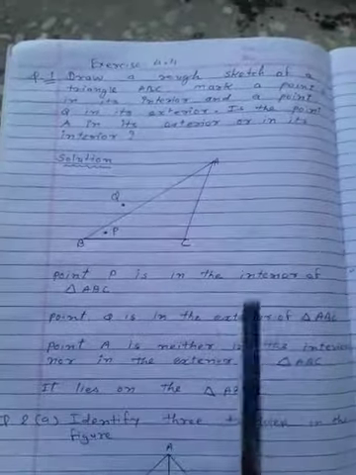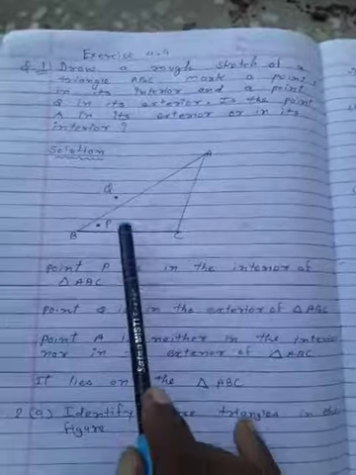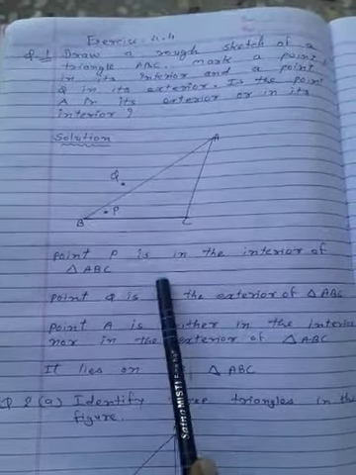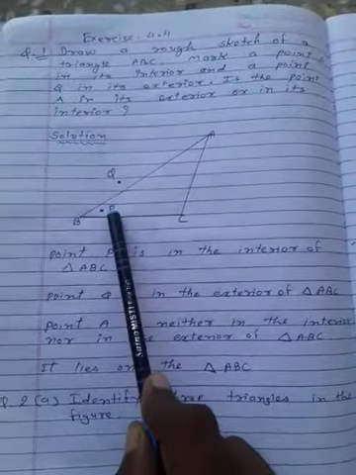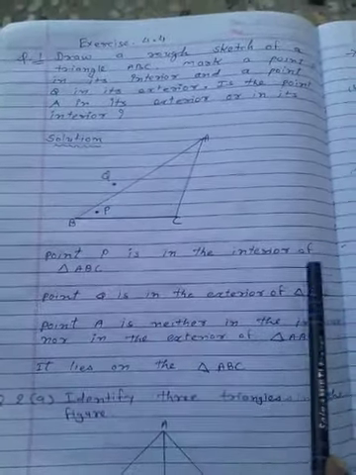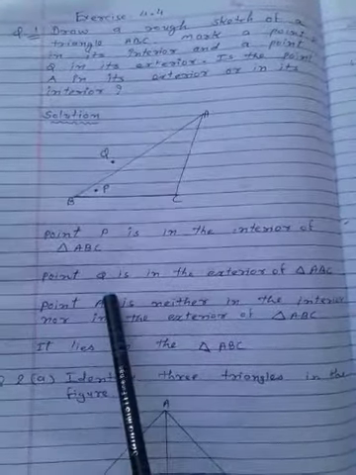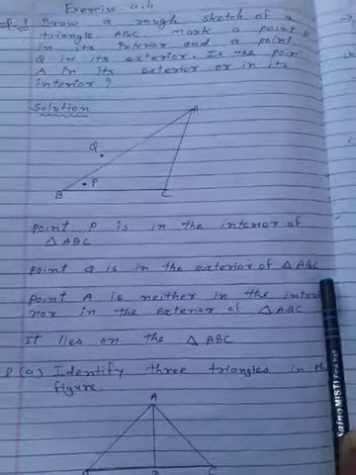First we have to draw a figure. A, B, C, P and Q. Point P is in the interior of triangle ABC and point Q is in the exterior of triangle ABC.